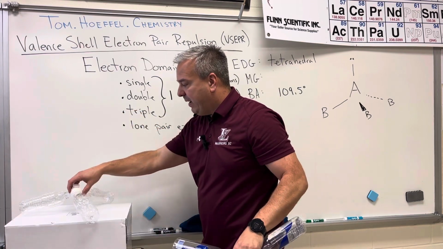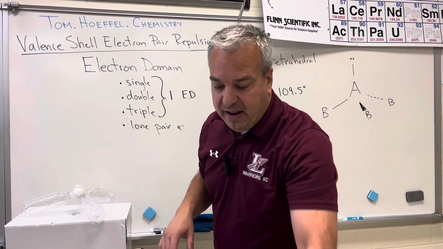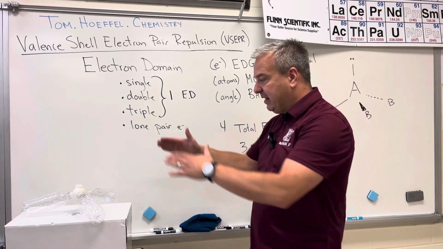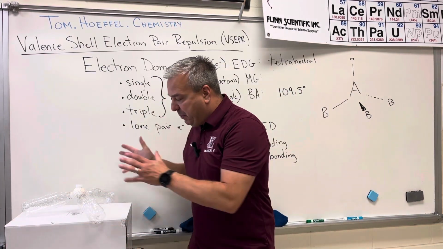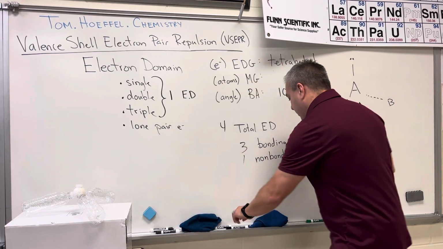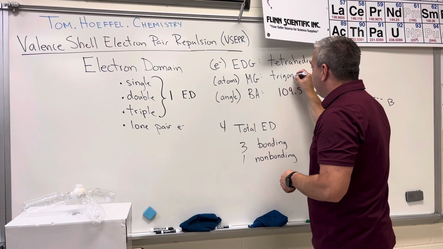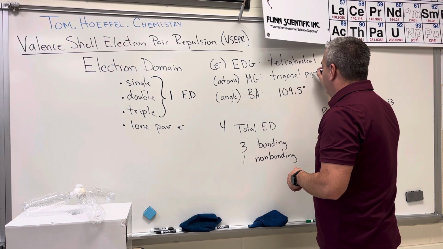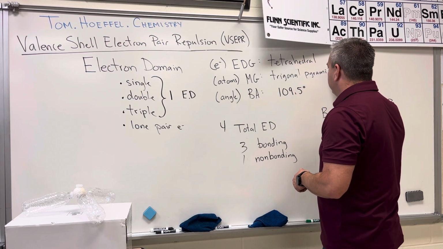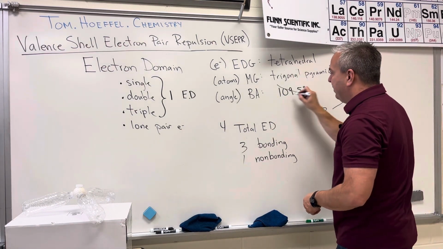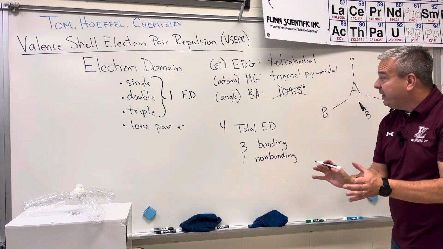This one is raised up some, so it's going to be called trigonal pyramidal because it kind of makes a pyramid shape. And this lone pair is going to squeeze the bond angle a little bit, okay, about 1.5 degrees.